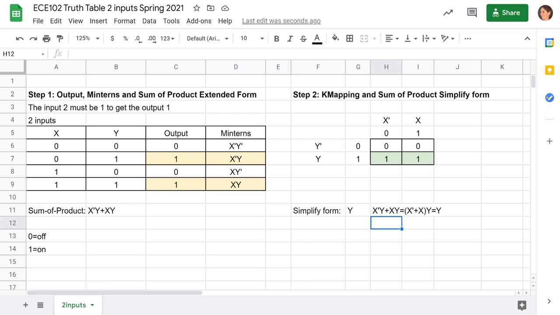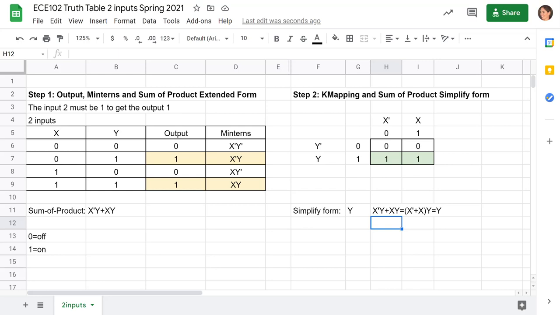Okay? So what is easier to put in your circuit? One switch for the Y, using the logic that as soon as we have Y, we have an output, or to use X prime Y plus XY leading to a 1? For sure, the simplified form is easier.